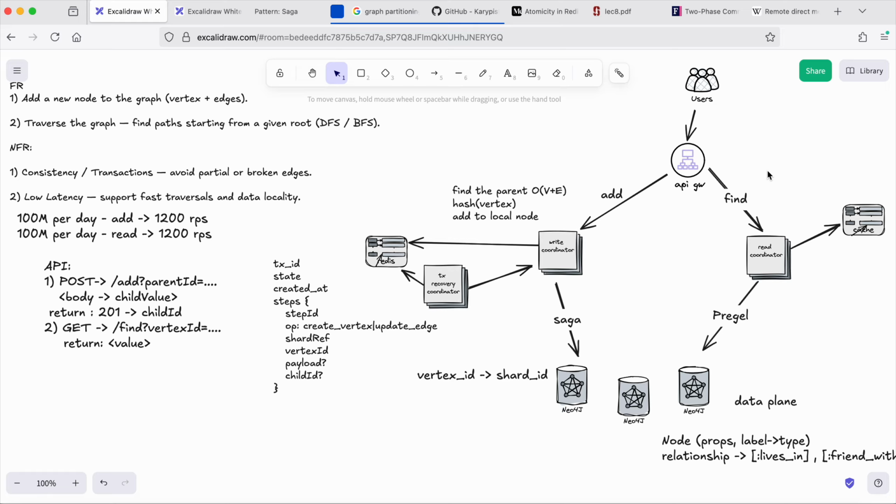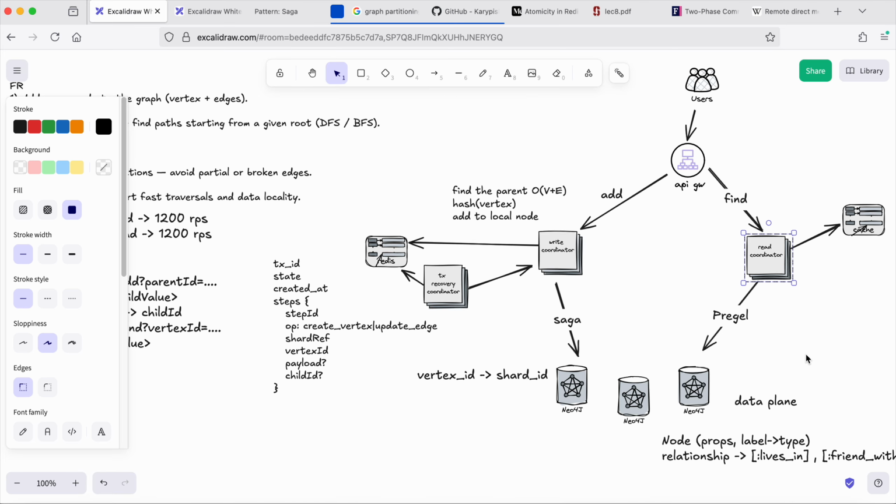Of course, we are looking at pages. For example, if we are scrolling through some part of these pages, that could be the signal for our read coordinator to start the Pregel procedure to move through the queries.